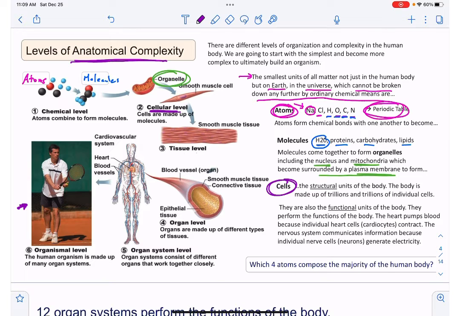The nervous system is able to communicate information because individual neurons, or nerve cells, generate electricity and are able to communicate. So they're both the functional and structural units of the body. They're the smallest level that the properties of life emerge at.